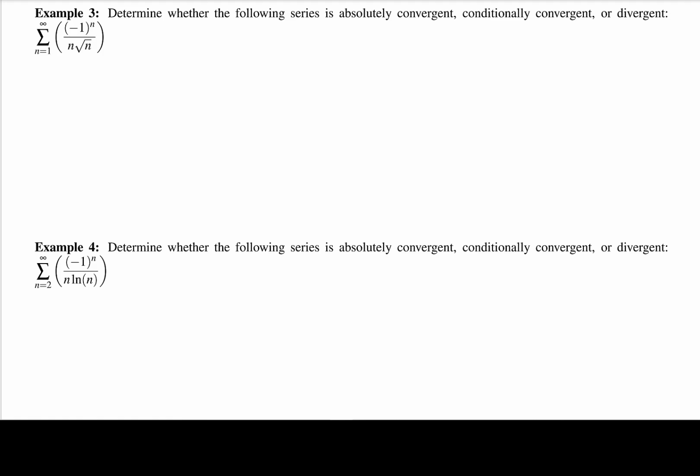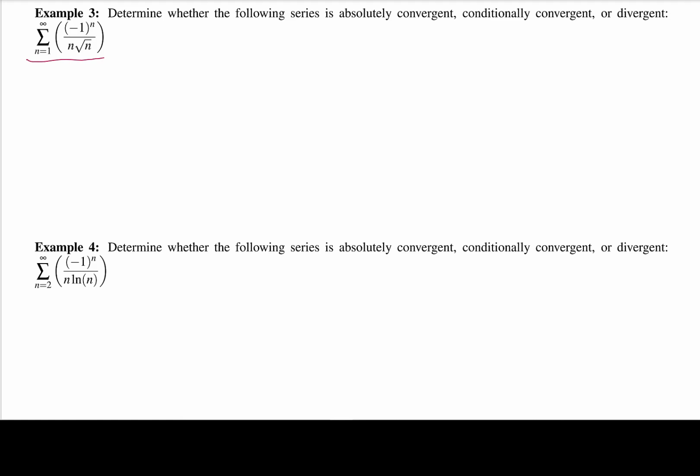Well, if I look at my test for divergence here, it doesn't seem like it's going to be helpful. And in fact, if I'm just looking at this thing and ignoring that -1, this looks like a p-series that is going to be convergent. Furthermore, we could use our alternating series test right here and show that this series is indeed going to converge to something. But now we want to find out, is it absolutely or conditionally convergent?